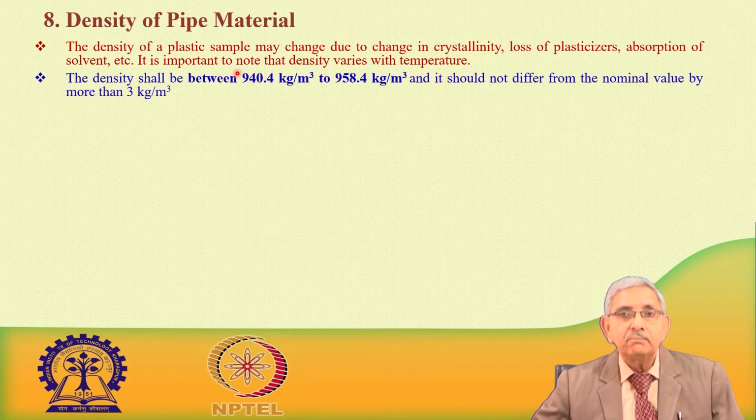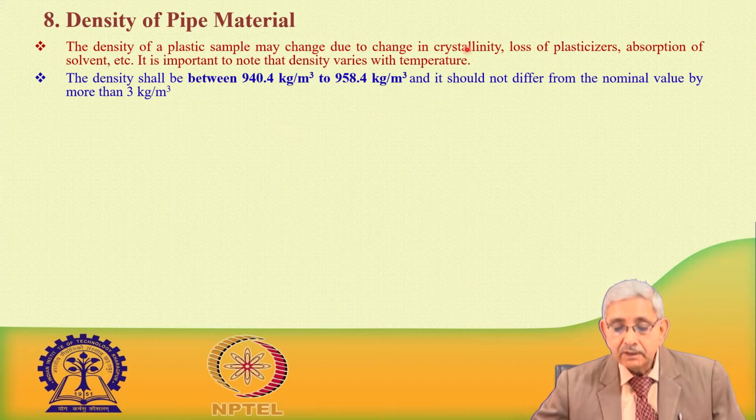Then density of pipe material is another test which is carried out. The density of a pipe sample may change due to change in crystallinity, loss of plasticizers, absorption of solvent. It is important to know that density varies with temperature, mainly because these pipes are kept in the field and undergo several types of temperature.